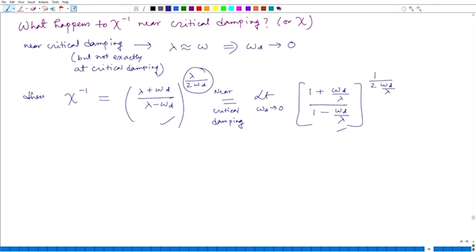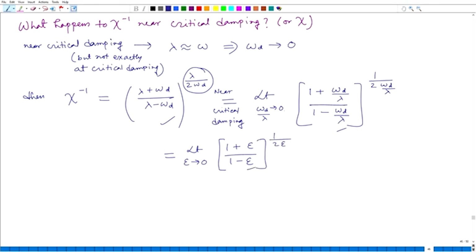Okay. So, this is something very interesting, and if omega d tends to 0, then omega d by lambda also tends to 0. Then you can write this as limit epsilon tends to 0, where you call omega d by lambda as epsilon, which is very small, as 1 plus epsilon by 1 minus epsilon to the power 1 by 2 epsilon.